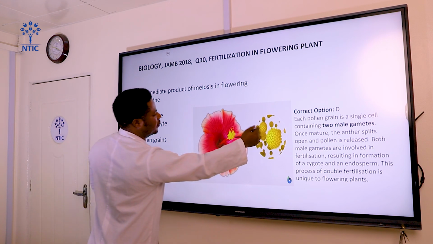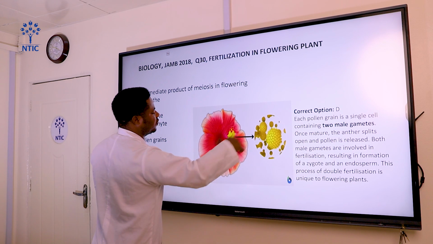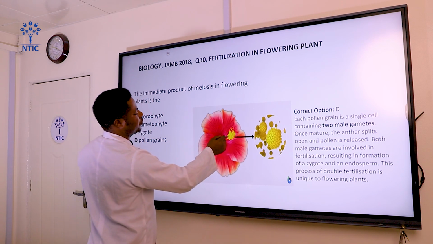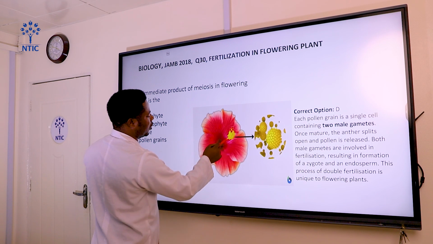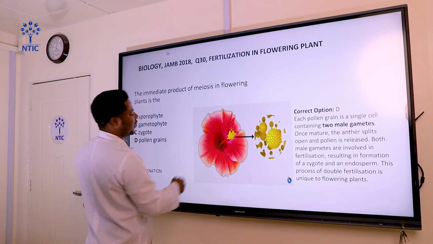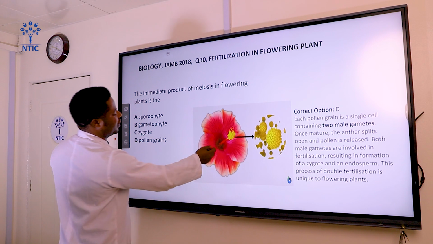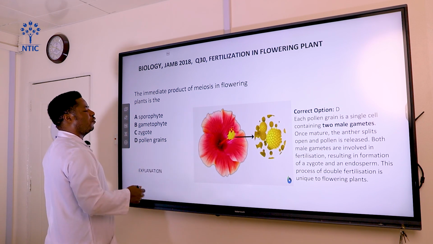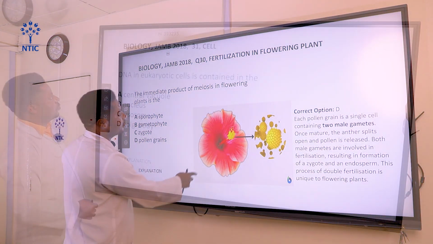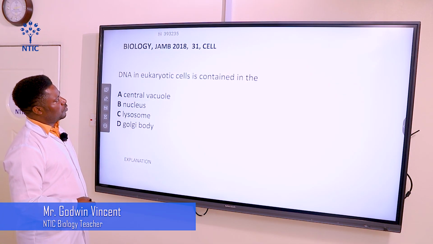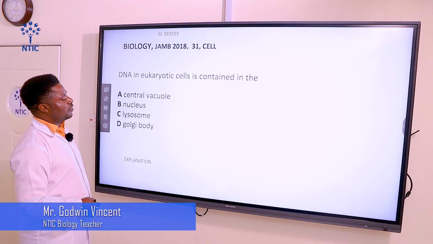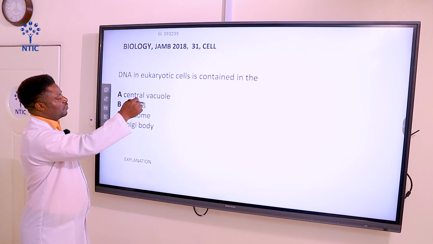You can see this is a sample of the pollen grain, and once it is deposited on the stigma, it moves down via the style to the ovary, where it fertilizes the flower to form the fruit, okay?